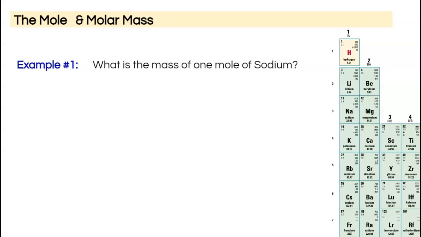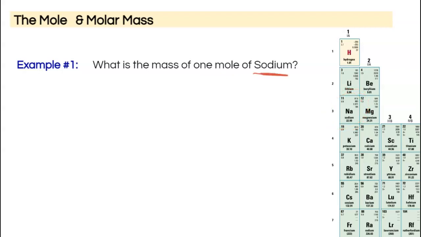So if you were to see a question like this, what is the mass of 1 mole of sodium? Now, I know that 1 mole of a substance has a mass in grams that can be obtained from the periodic table. And so I have a little snippet of a periodic table.